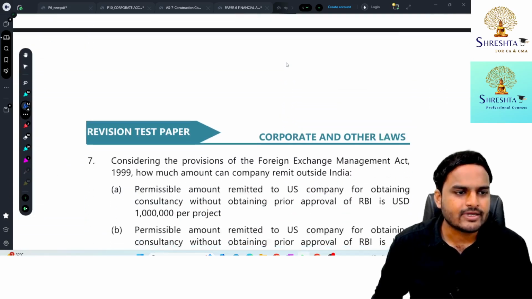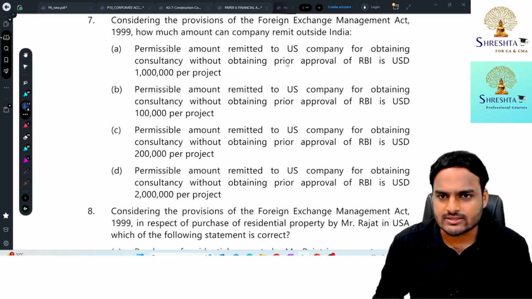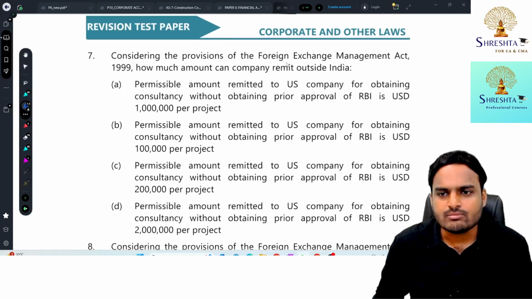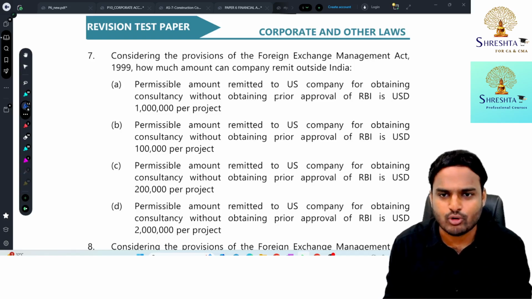Next one, 7th question. Considering the provisions of FEMA Act 1999, how much amount can the company remit outside India? Here they are availing services for a software project, not an infrastructure project.